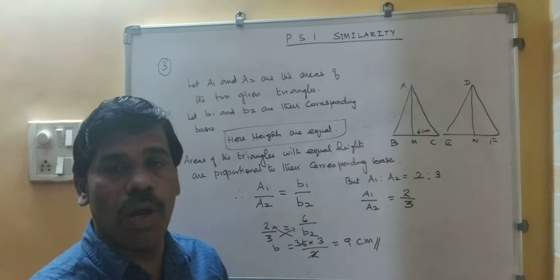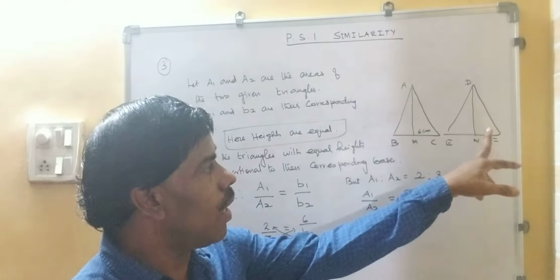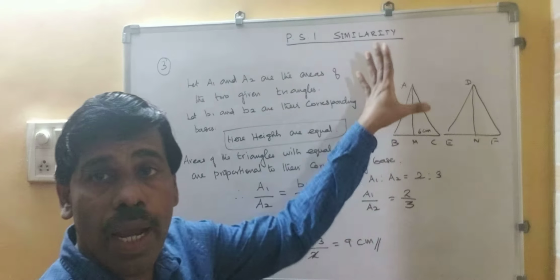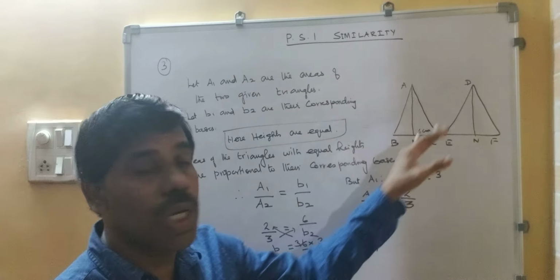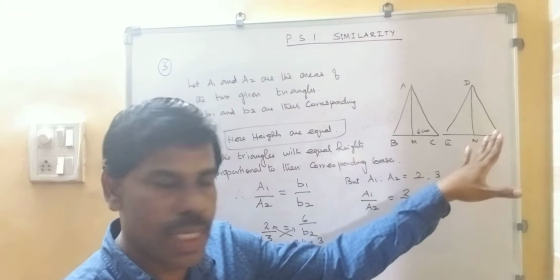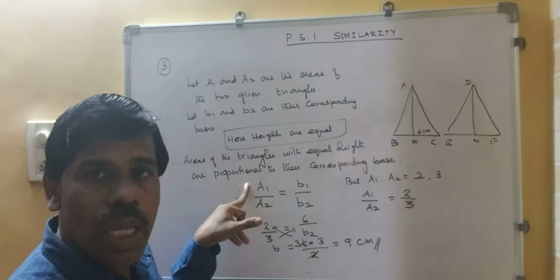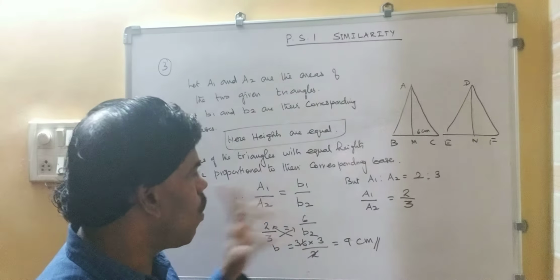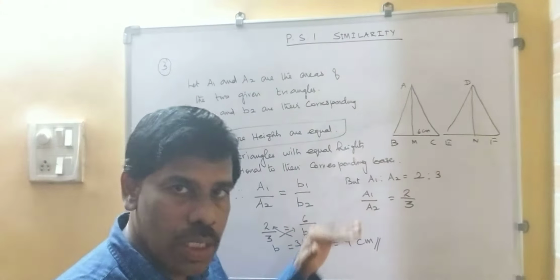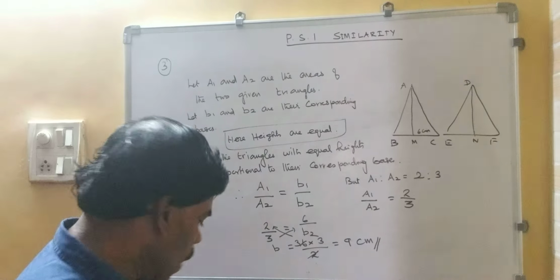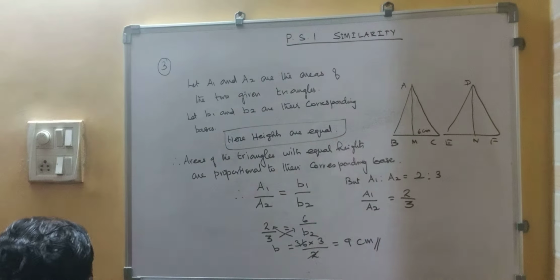Here we are given two triangles, correct? Their heights are the same, therefore their areas are proportional to their corresponding bases. So we have written A1 upon A2 equal to B1 upon B2. Then we substitute what is given and simplify, and you get the answer. Okay. Now next one.